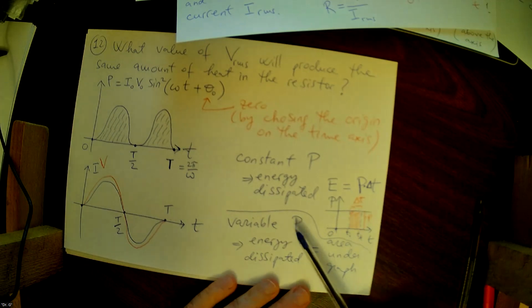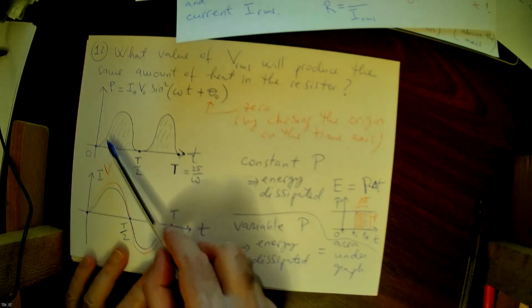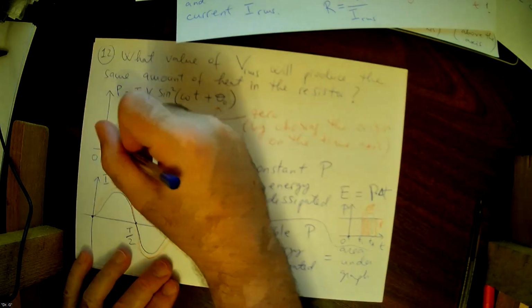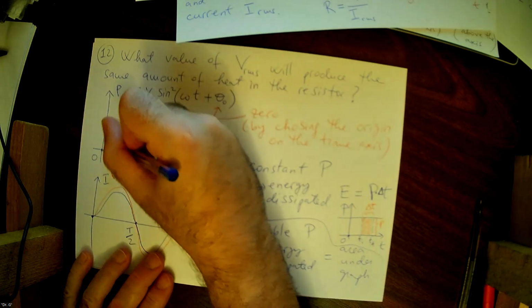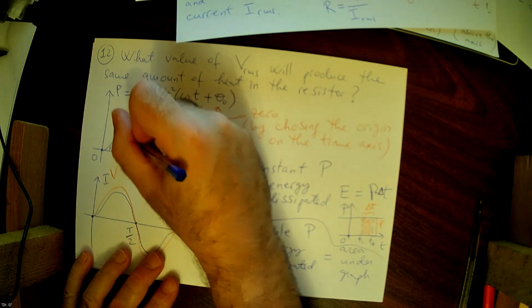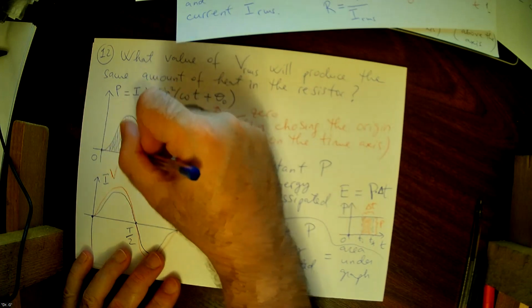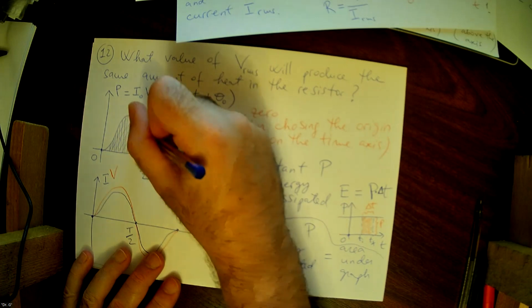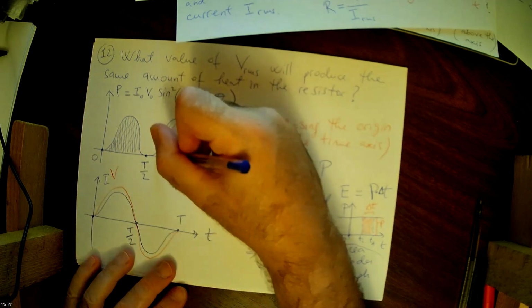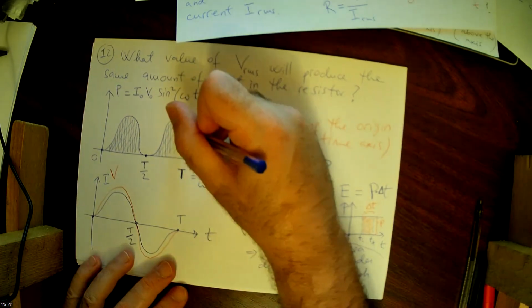And when the power is variable, I simply split this total area into a lot of very, very thin rectangles, and I add up the areas of all these very thin rectangles.